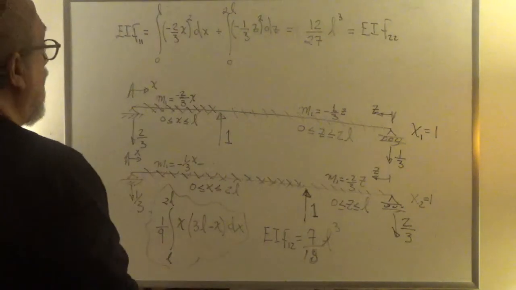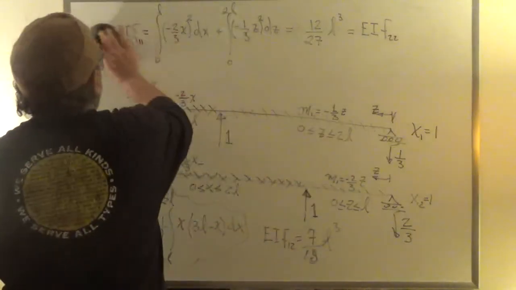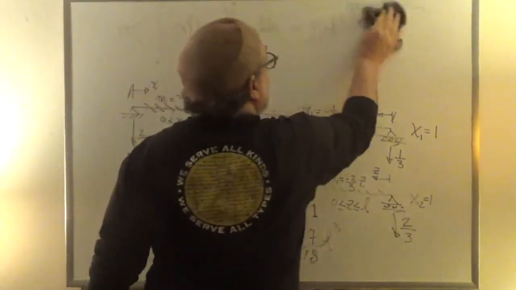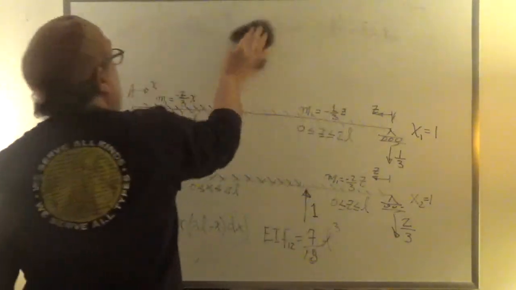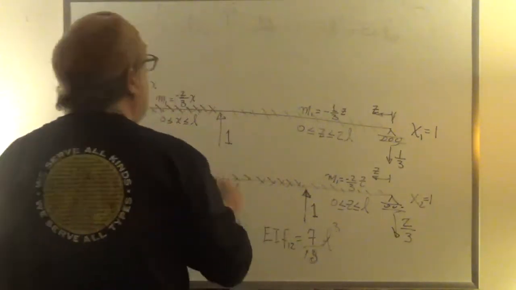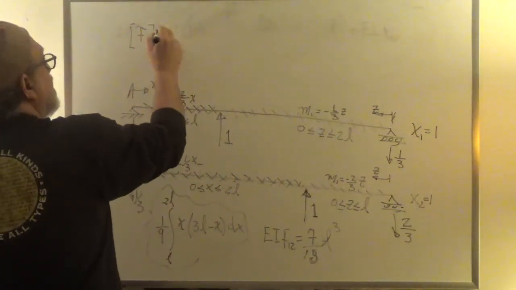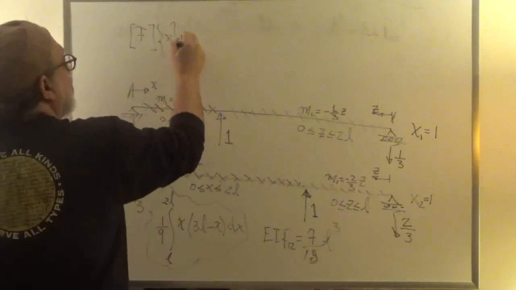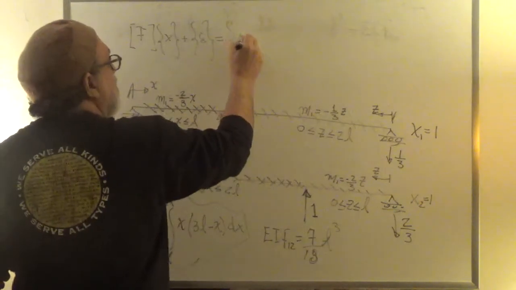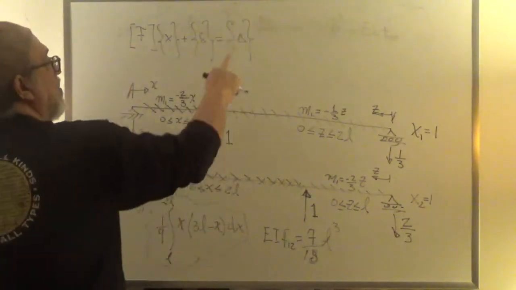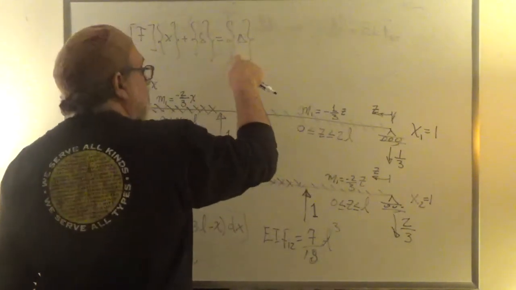All we have left is what is delta 1 and what is delta 2, right? Now we need, because remember the flexibility method, this is the case without support settlements or temperature, this is load. For any loading, this is the movement of the redundant due to the actions, the final movement of the redundant.